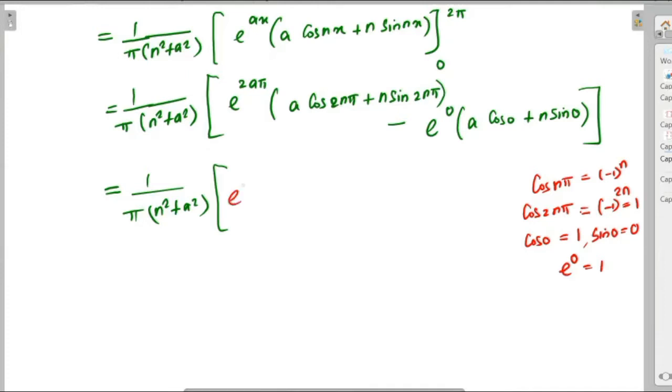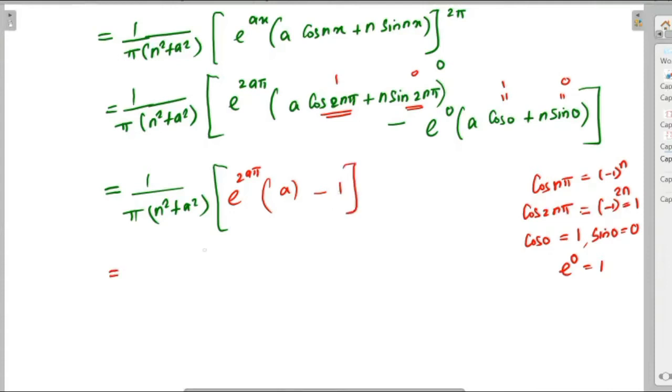From that you may get e power 2a pi into this term is going to be 1, this term is going to be 0. Here you can apply this term is equal to 1, the last term is going to be 0. So from that you may get e power 2a pi a minus 1, right?